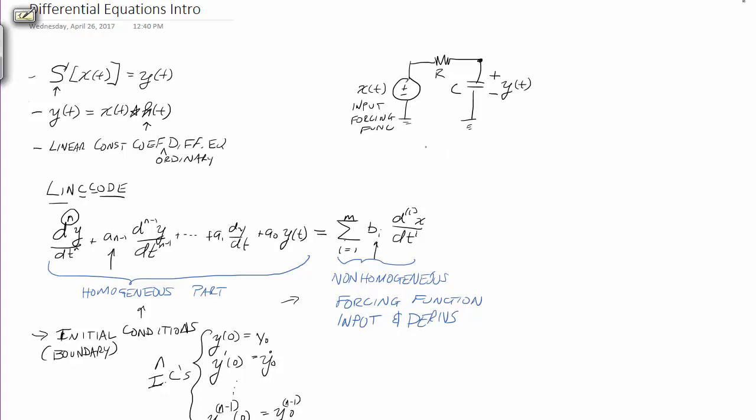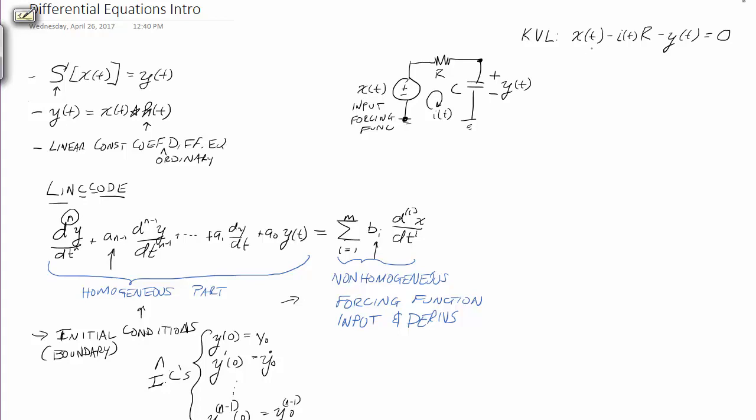Okay, so to help derive the diff EQ that describes the system, it's instructive to start with Kirchhoff's voltage law, which if we start at this node and work our way clockwise, we ascend x volts, we descend the current times the resistance, if we define our mesh current in this orientation. Right, that's the voltage drop across the resistor, and we drop the y volts across the capacitor, and that brings us back to our ground node.